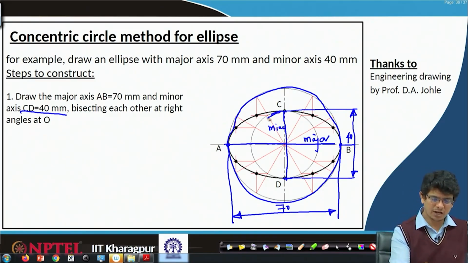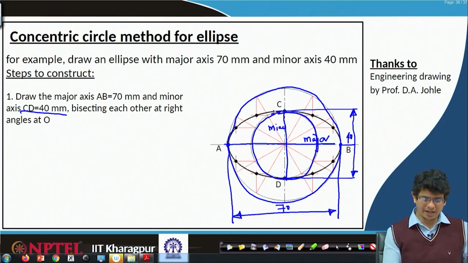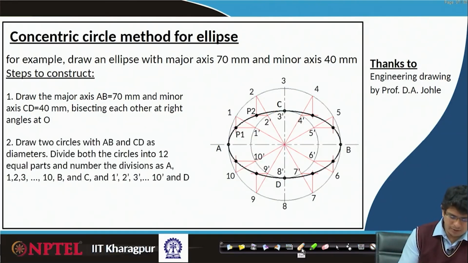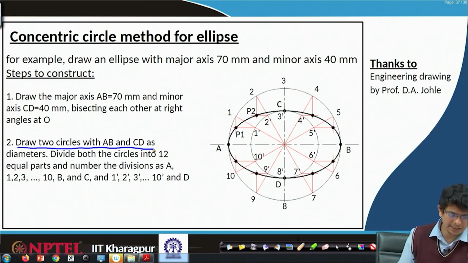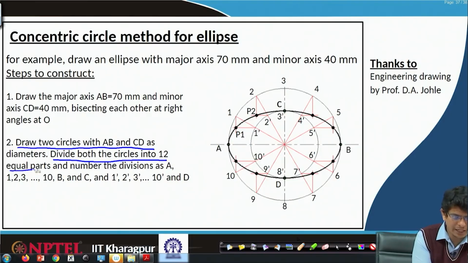By drawing one more circle, we will be in a position to construct an ellipse. So, first step, we have to draw two circles with AB and CD as diameters. After that, divide both the circles into 12 equal parts.